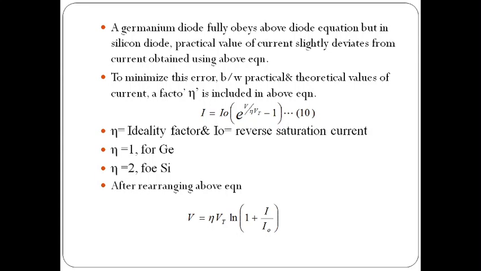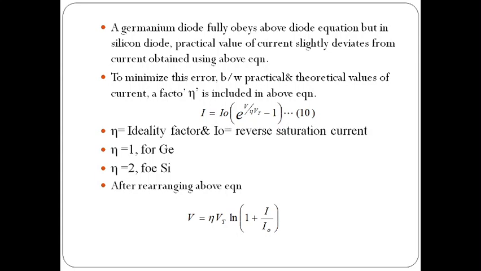So there is a deviation of current values between practical and theoretical values. To minimize the error between the practical and theoretical values, we are including the factor, or ideality factor, eta.